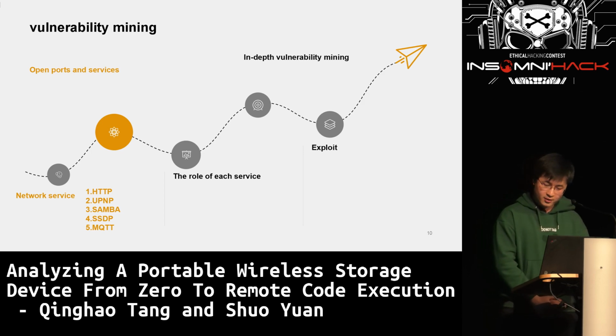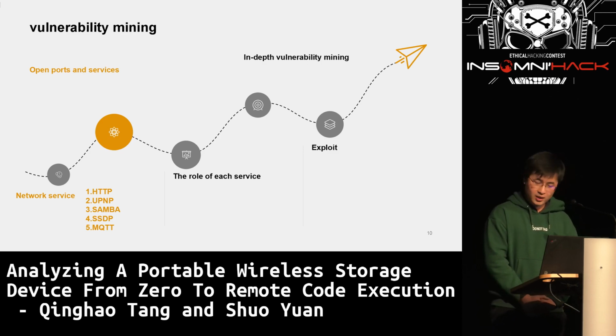In the third step, we need to conduct in-depth security audit and vulnerability mining of the service programs. And in the end, we need to write a vulnerability attack tool.